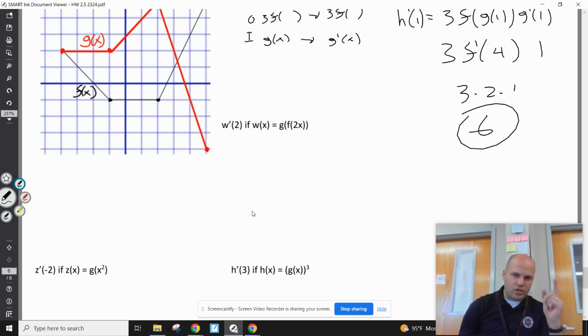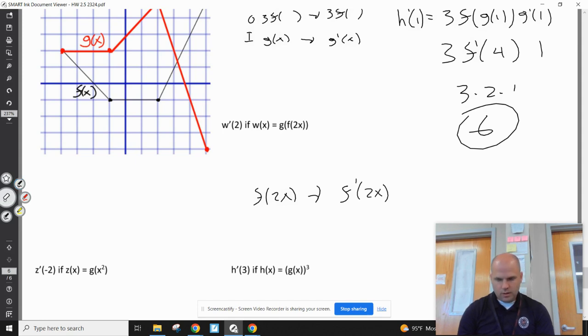The next question has to be an OMI because f of 2x's derivative is not f prime of 2x. There is an O and an I here where the derivative of the I is not 1.